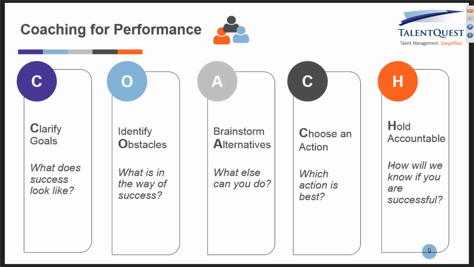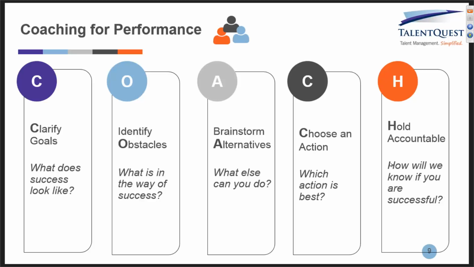So one of the things that we would encourage you to do is to clarify the goals first. So what does success look like in this role for that individual, for the team, to really be sure that you're able to clarify those goals with your employee. The next is just to identify obstacles and to really say, what is in the way of us achieving the success?